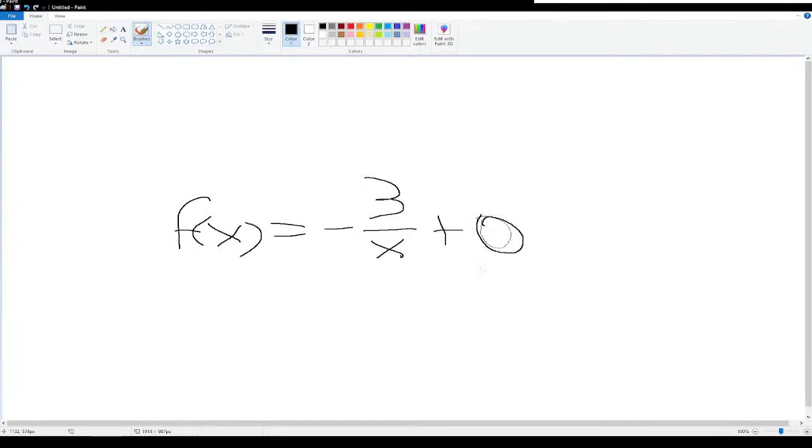Equal to 0. So that would mean what we first want to find is the asymptotes.